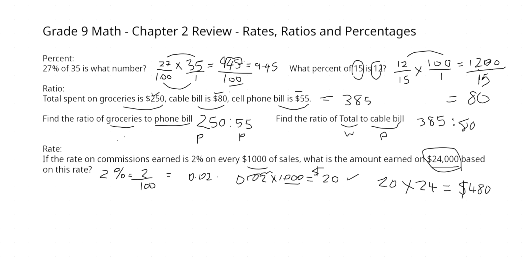But the point is, it's on every $1,000 sale, because if you had a different amount, then that would change. So in this case, $1,000 gives you $20, and there are 24 $1,000, so you multiply by that, and you get the answer. And that's it for chapter 2 in terms of rates, ratio, and percentages.